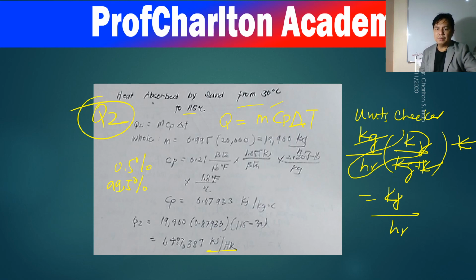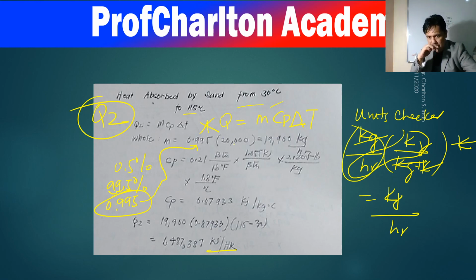So we can convert this into decimal, 0.995. So this is the percent dryness of this. So we have to multiply this because it's not purely dry. It's not 100%. If it's 100%, it's 1, right? But it's not 1. It's 0.995 multiplied by the kilogram per hour or the mass flow or weight per hour. So we will have this, 19,900.